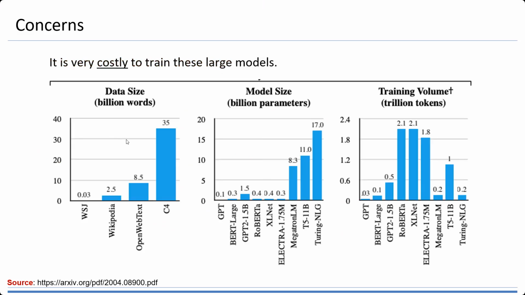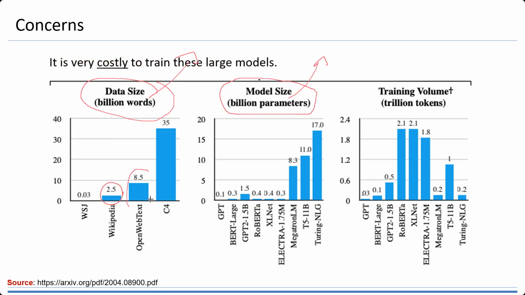And if you can see this one, when the data size is huge, of course, it is good. And it will increase the model size. If the data size is high, the model size is high. For example, in Wikipedia you have only 2.5 billion.